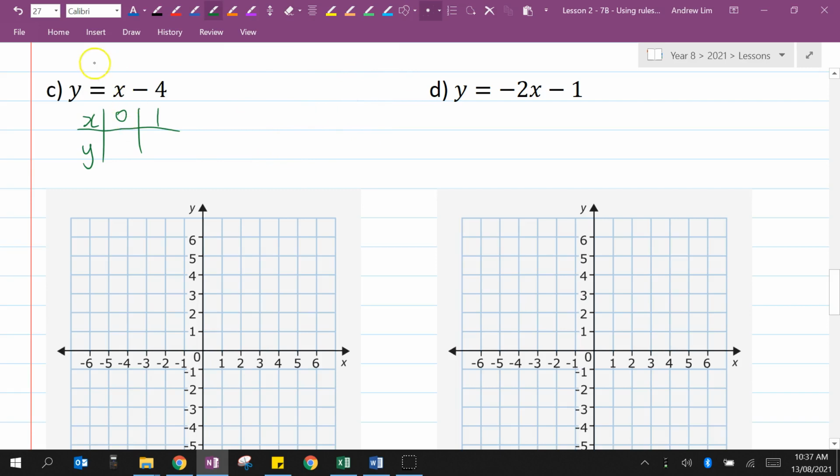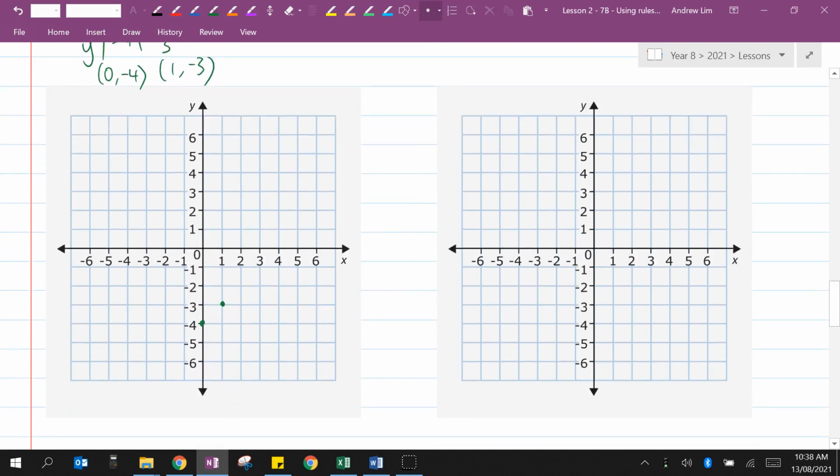When x is 0, y is equal to 0 minus 4, which is minus 4. And when x is 1, y is equal to 1 minus 4, which is minus 3. So we've got 2 points, 0, minus 4, and 1, minus 3. 0, minus 4 is down here. 1, minus 3 is over here. And that's enough. Okay.